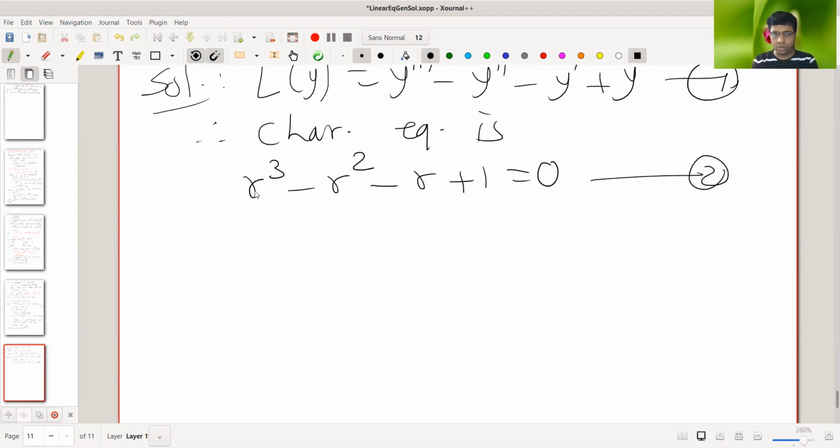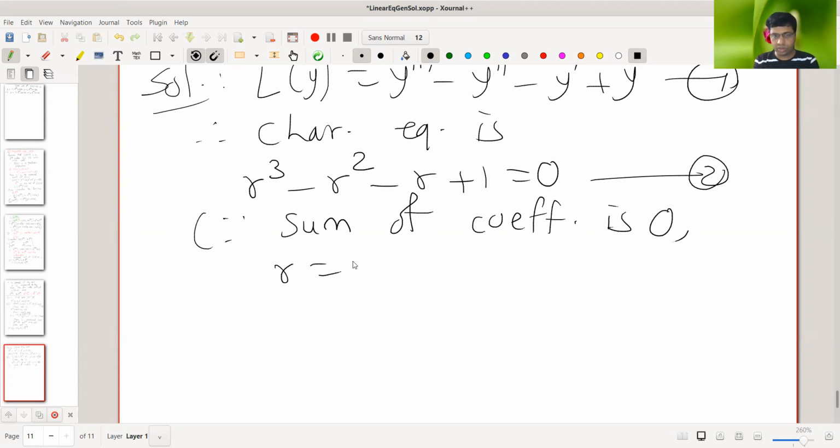Now, if the sum of coefficients is 0, then r equal to 1 is a root. Here the sum of coefficients is clearly 0. Positive coefficients are 2 and negative are 2. So since the sum of coefficients is 0, r equal to 1 is a root.